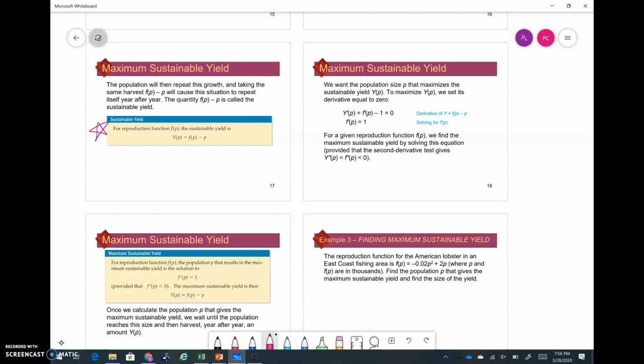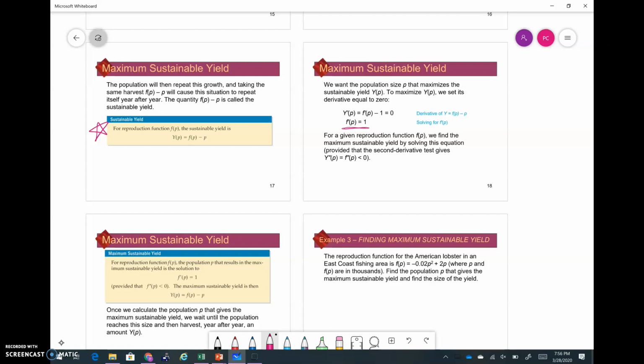So we want that population size p that maximizes the sustainable yield y of p. To maximize the sustainable yield y of p, we set its derivative equal to 0. So y of p would be equal to f of p minus p, because p is our x value here. So the derivative of p is just 1. Setting that equal to 0 gives us f prime of p equal to 1.